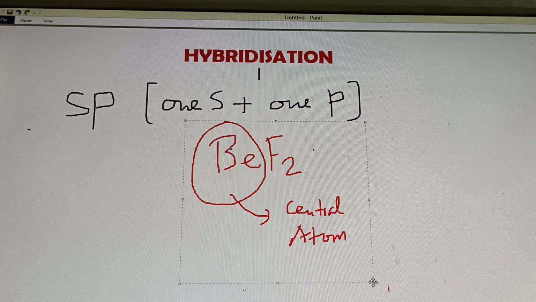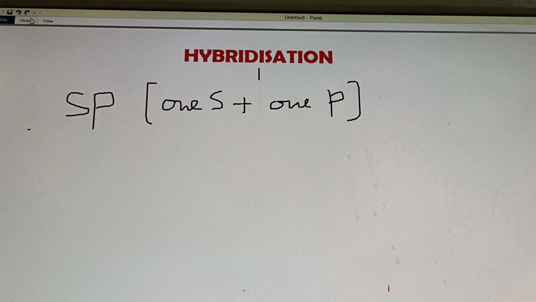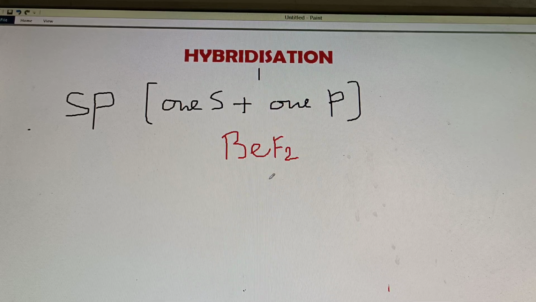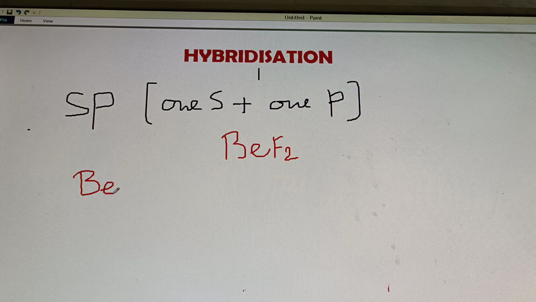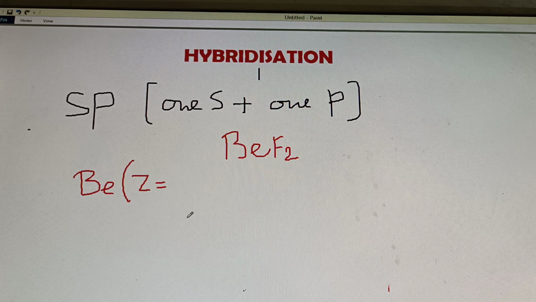So we have to find the hybridization of beryllium in BeF2. Which one is the central atom? Beryllium. What is the Z value for beryllium? Hydrogen, helium, lithium, beryllium, 4.